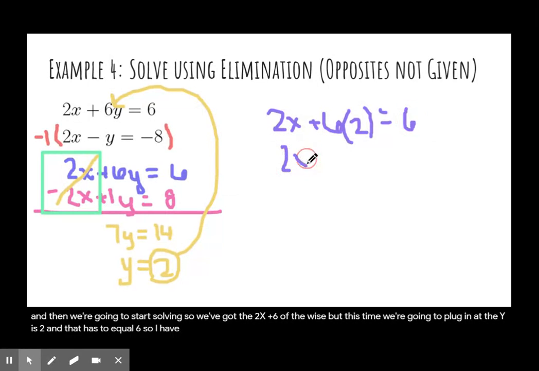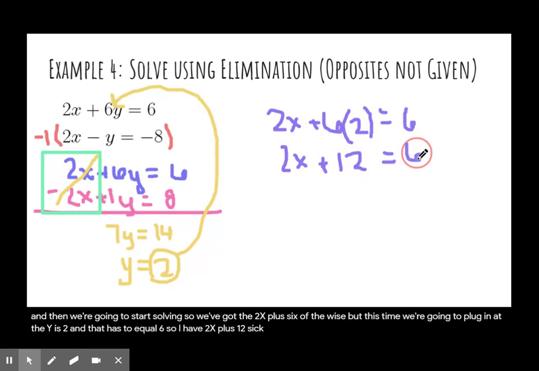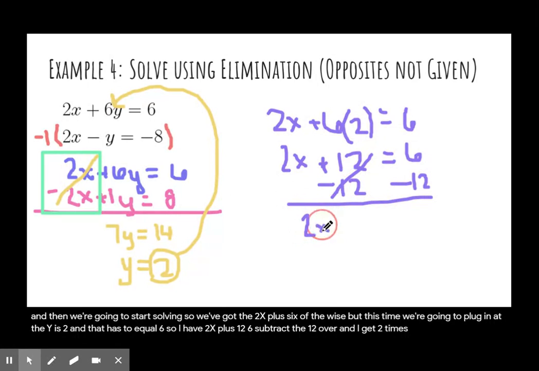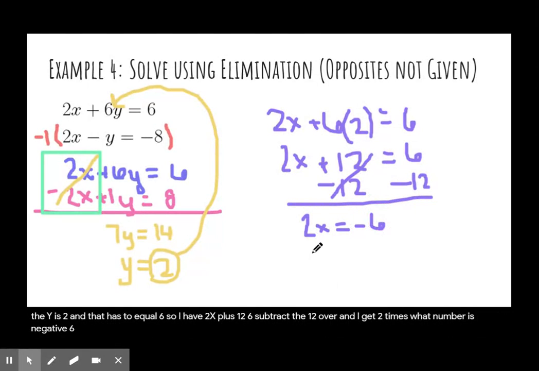So I have 2x plus 12 equals 6. Subtract the 12 over, and I get 2 times what number is -6? And that answer is -3.